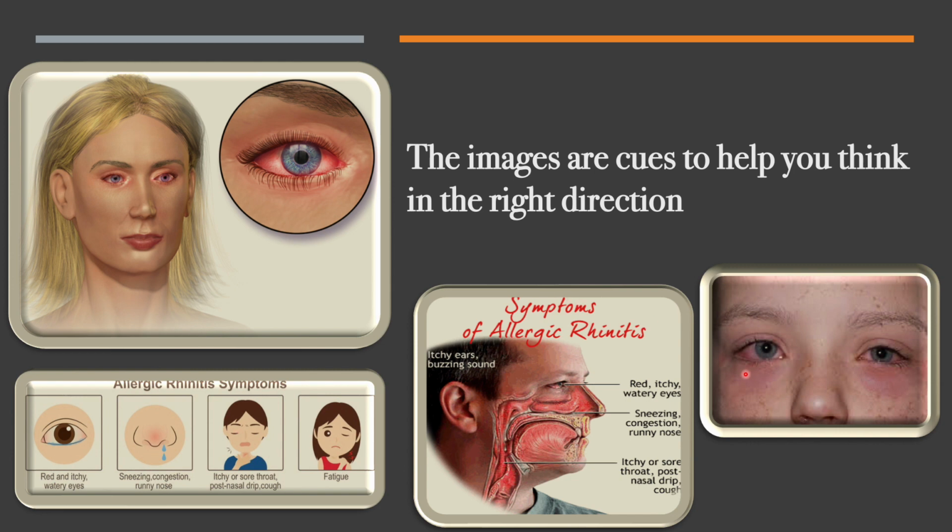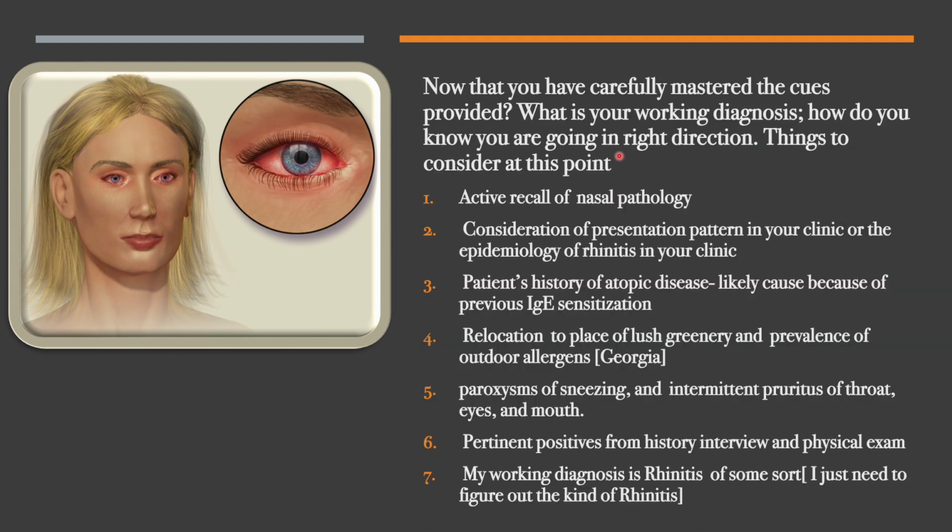And here you have the allergic shiners. These are just more pictures and images to help you recognize rhinitis when you see it in your clinical setting. So this is what this is about.